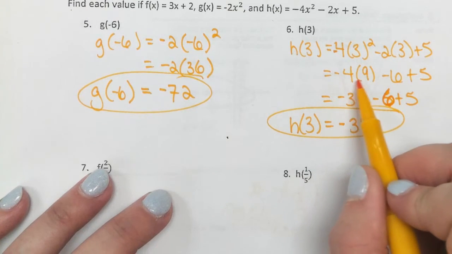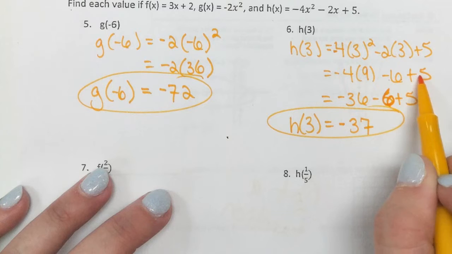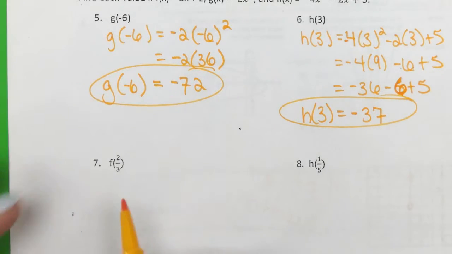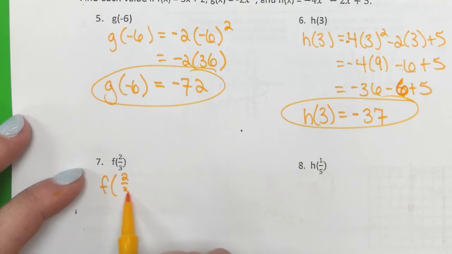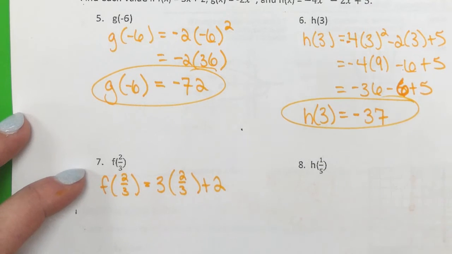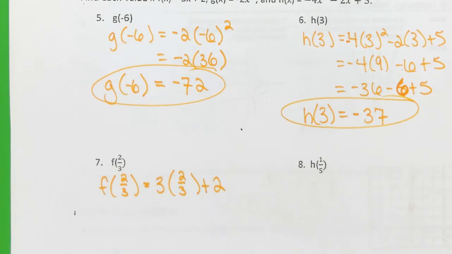Did you get negative 4 times 9 minus 6 plus 5? Alright, what about this one? You should have already had those two done. The first two. Oh, okay. She got negative 36. Yeah. Alright, so let's do this one real quick.